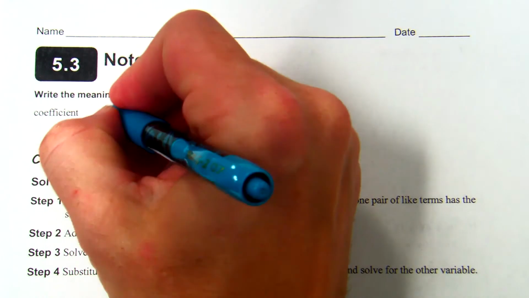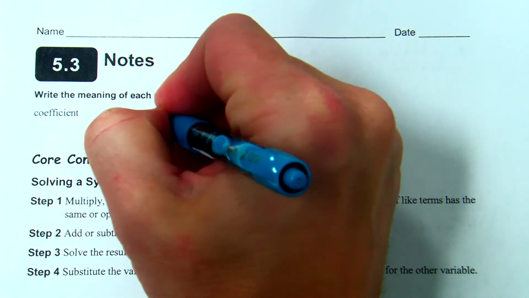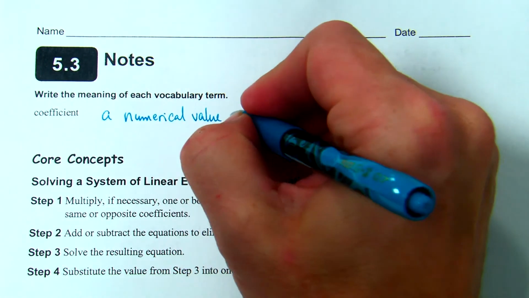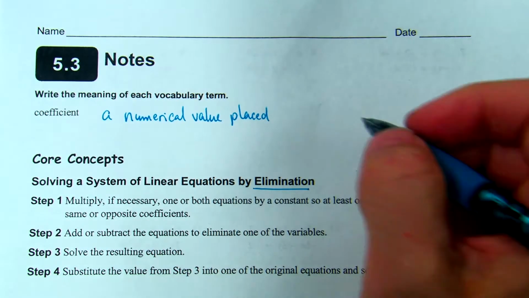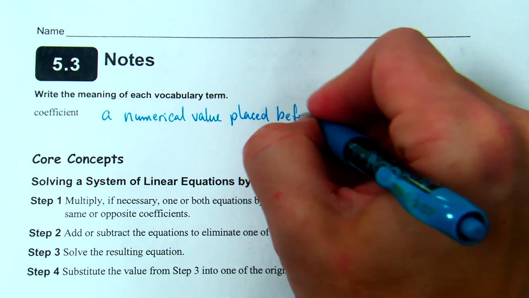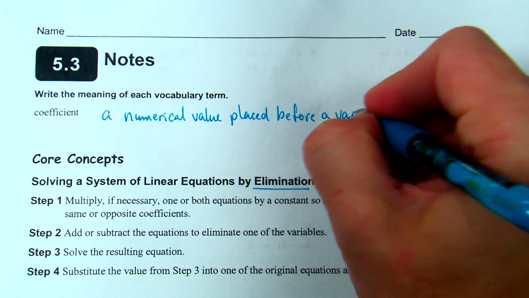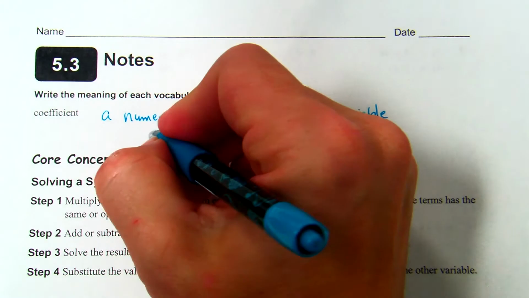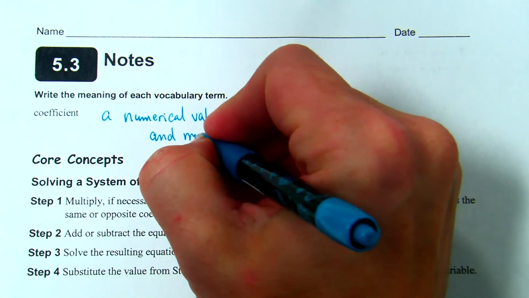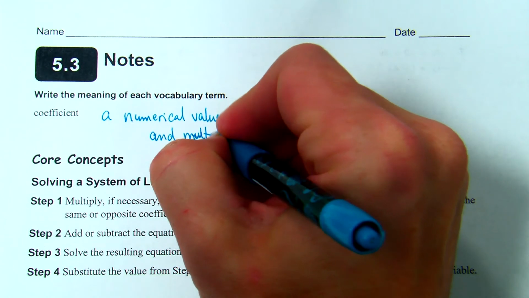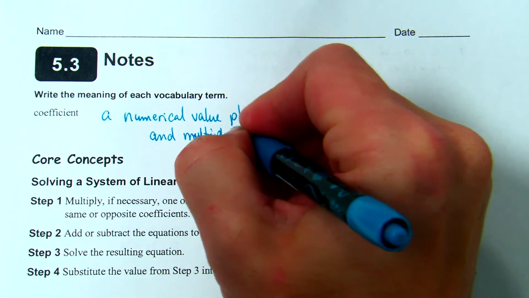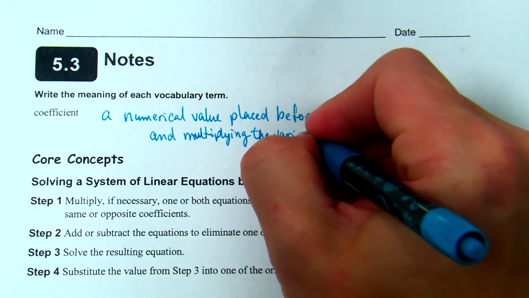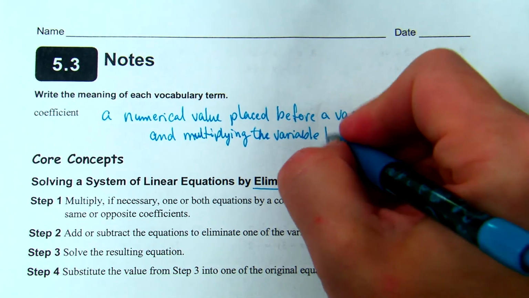It's going to be a numerical value placed before a variable and multiplying the variable by the value.